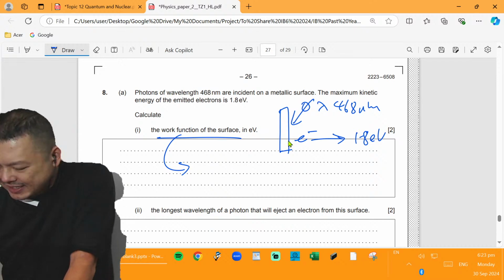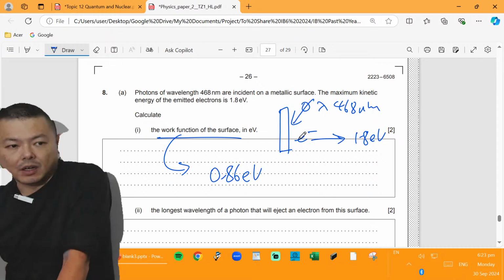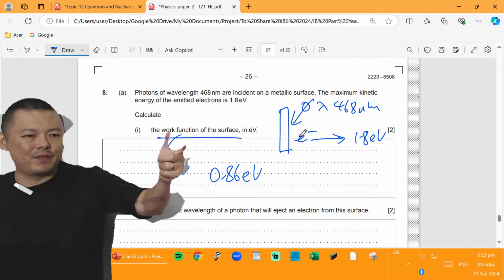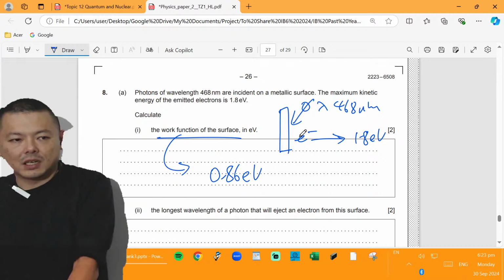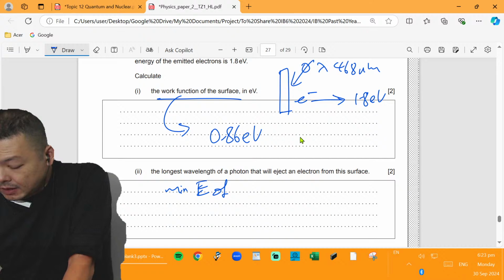Oh, 0.86 eV. Okay, so that means the photon must minimally have 0.86 eV of energy. Correct or not? So the minimum energy of the photon is equal to 0.86 eV.